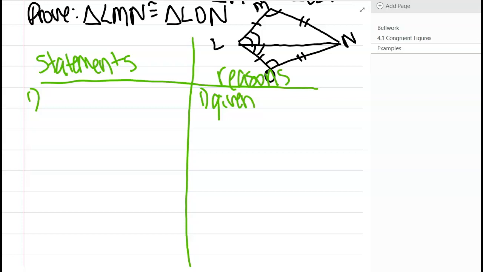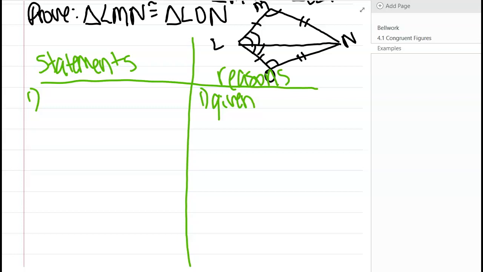Elijah? Yes. Okay, so it's the theorem you guys just wrote down in your flip book. The third angles theorem?